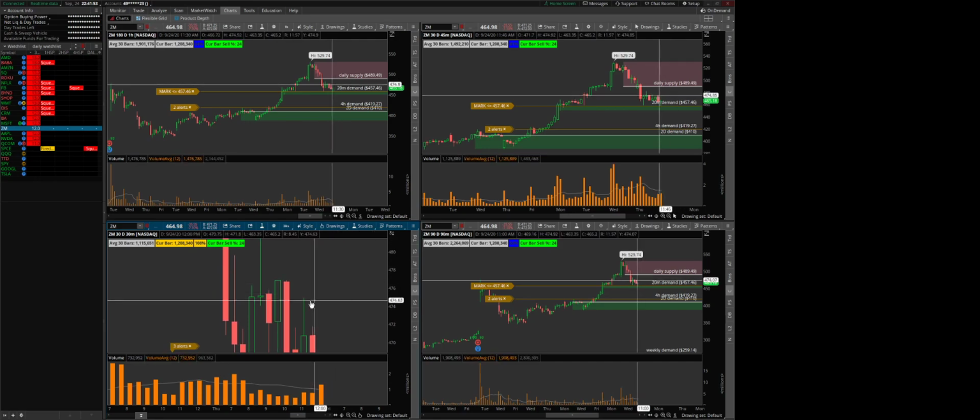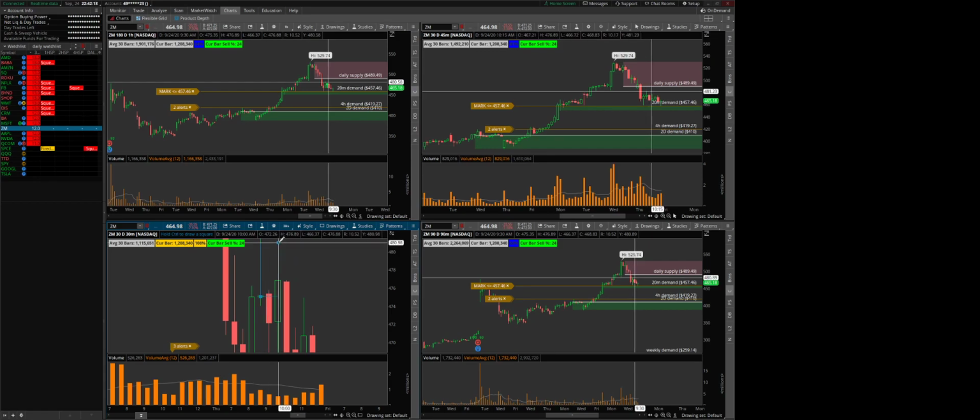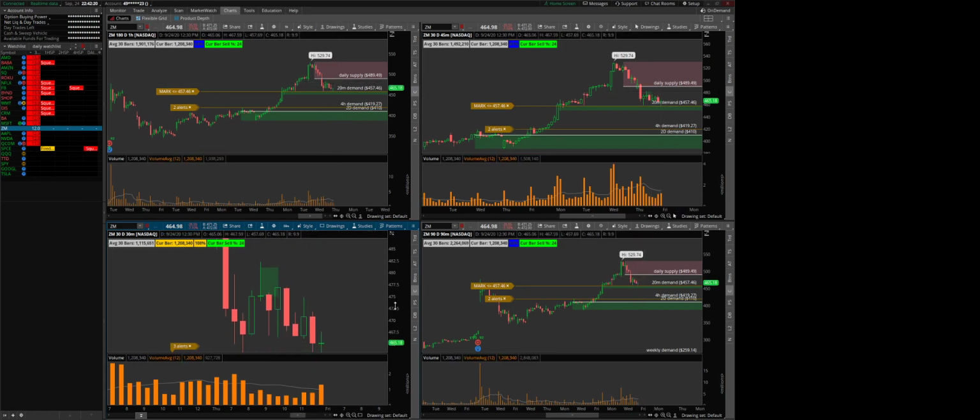I usually stretch it out like this when the body is so small, because I don't want to get magneted. That's not even a word. I don't want the magnet to attach to the top of the close of the green basing. I want it to attach to the open. Ah, damn it! Now I can. All right, there we go.